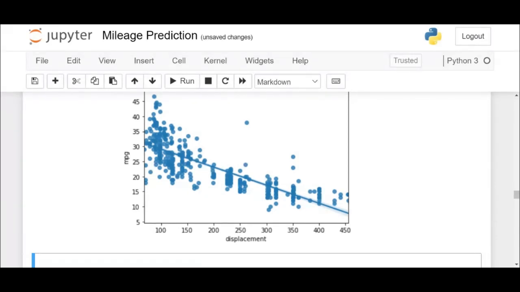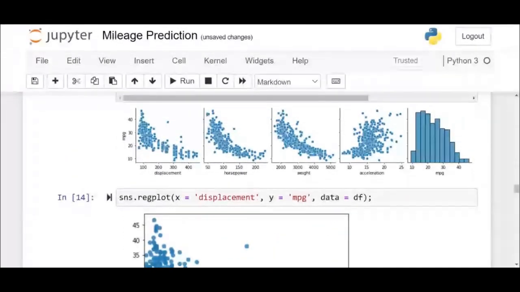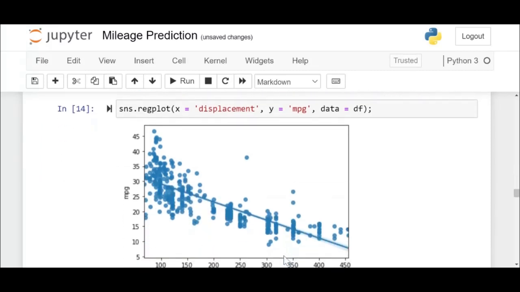These are the different names for displacement, versus mileage. It seems to be like a line. The relation seems to be downward. The correlation seems to be negative. But is the relation linear? Is the relation linear?